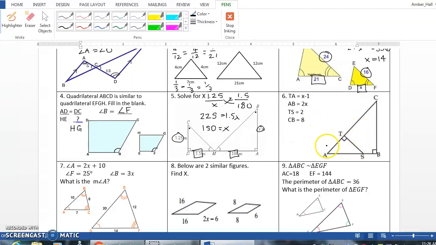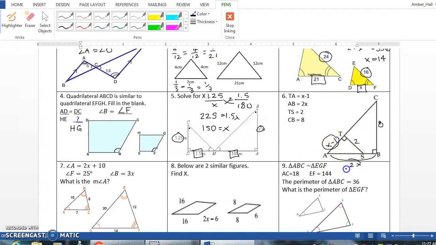Next, TA is equal to x minus 1. AB, this whole side, is 2x. TS is 2. And CB is 8. We need to solve for x. In this particular instance, AT is going to correspond with 2x because it's in between A and the right angle.